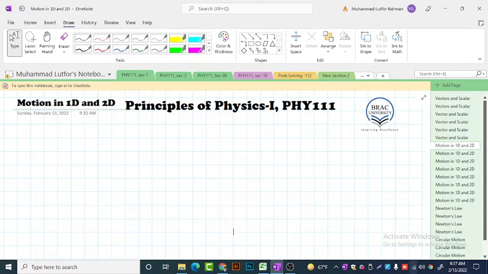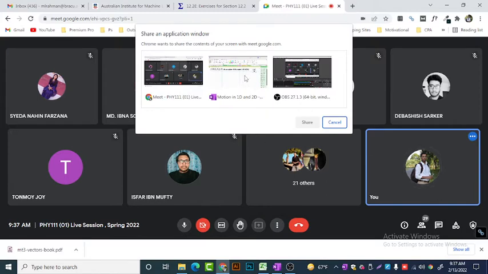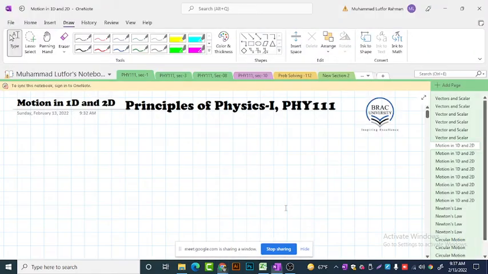So let me share my screen with you first. All right. So you can see my screen, right? Yes, sir. Fine. So today we're going to talk about motion in 1D and 2D.